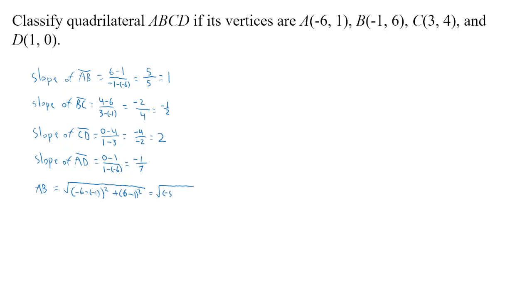So this is -5 squared plus 5 squared, which will give you 25 plus 25, which is the square root of 50. Now, we're not going to worry about simplifying the square roots. We're trying to see if segment AB and segment BC are congruent, and segment CD and segment AD are congruent.